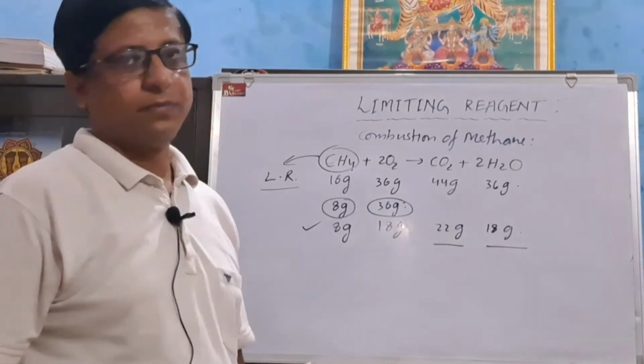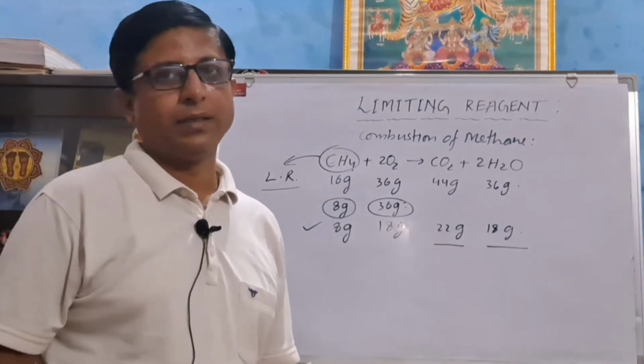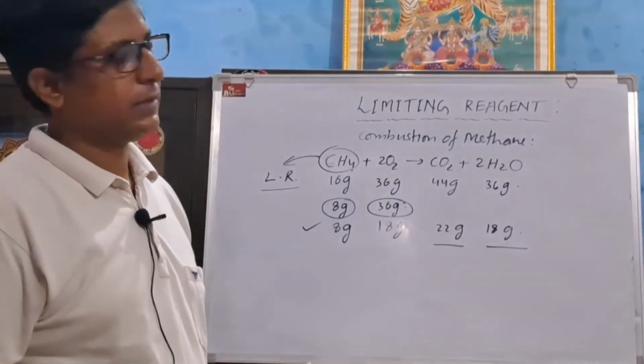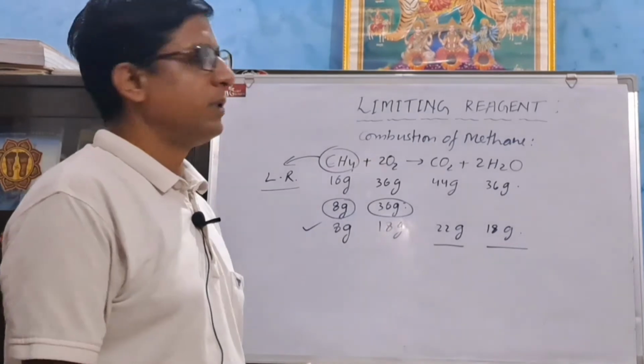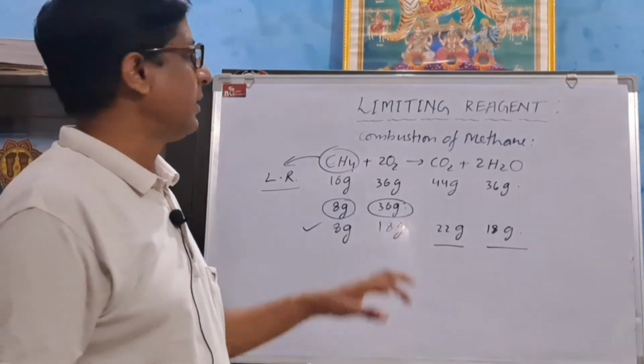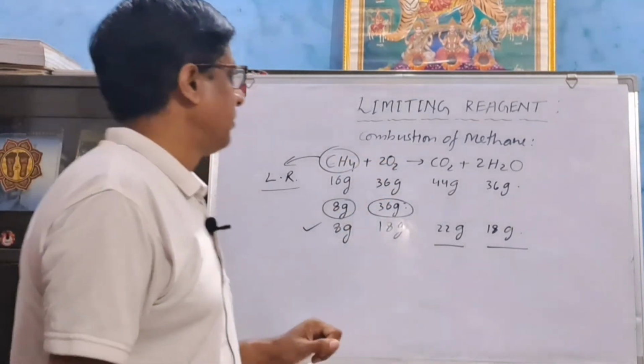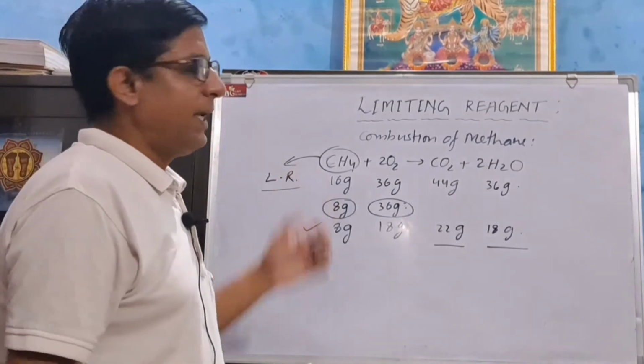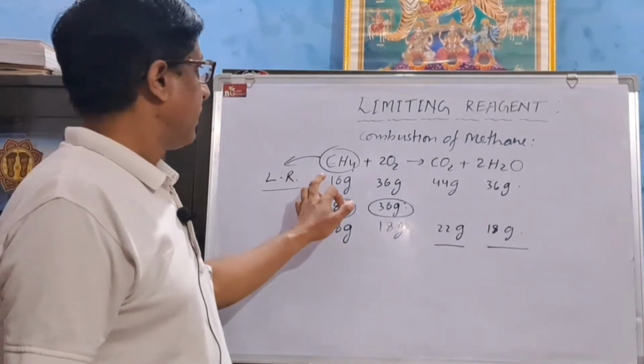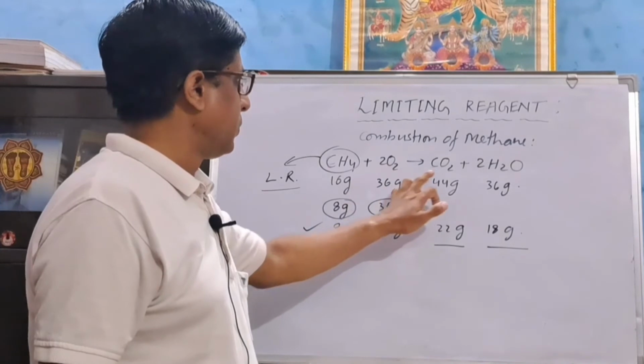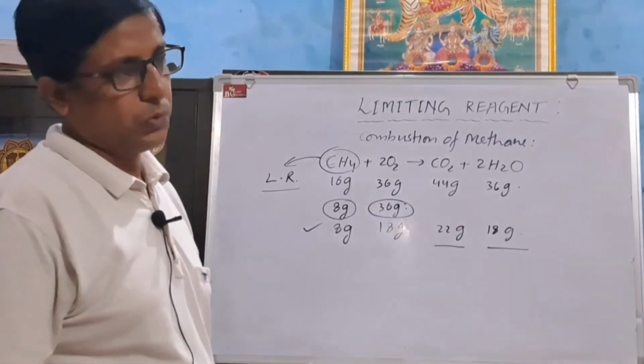Let us take one example in order to clear the concept of limiting reagent. Let us take the example of combustion of methane. The balanced chemical reaction is CH4 plus 2O2 gives CO2 plus 2H2O.